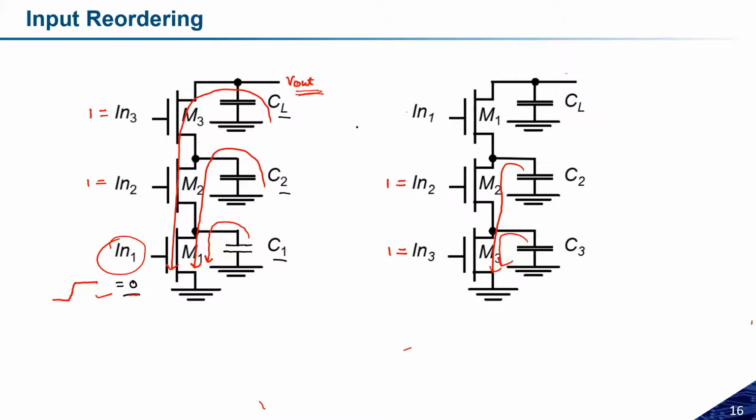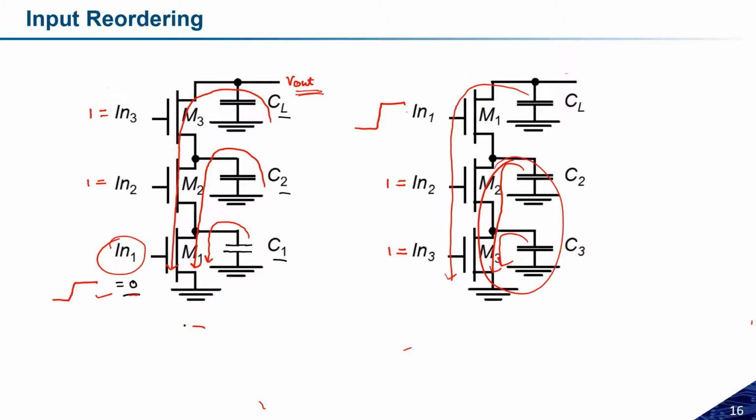Now if the input is changing from low to high, I need to simply discharge this load capacitance only, not these two capacitances, because they are already discharged since IN3 and IN2 are logic 1. In that case, I don't need to discharge C2 and C3. I just need to discharge the CL.